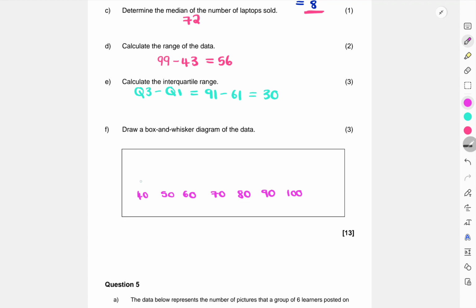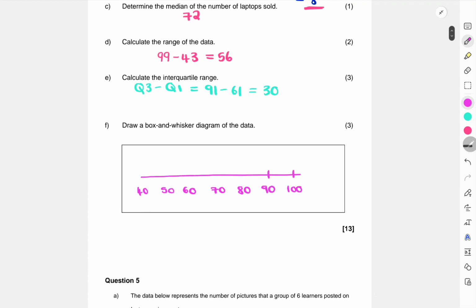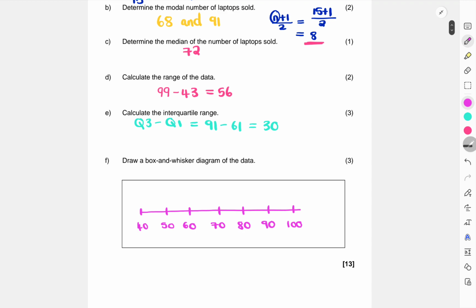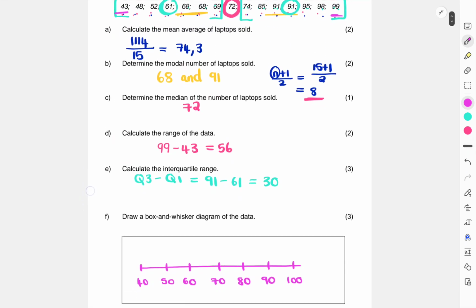And then these ones should also be roughly spaced out with the correct spaces in between. I know it's not perfect there, but otherwise you're not going to see the representation of how your box and whisker is skewed and how the data is represented on the number line.